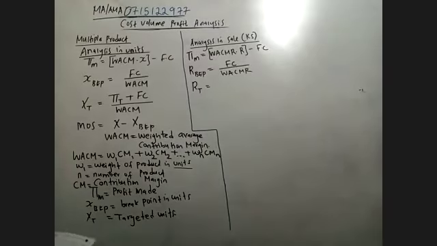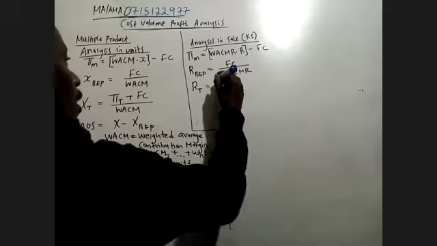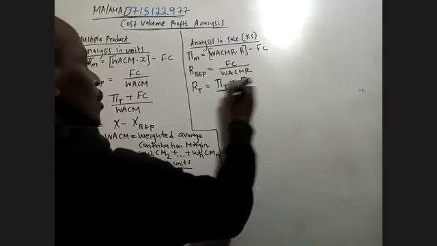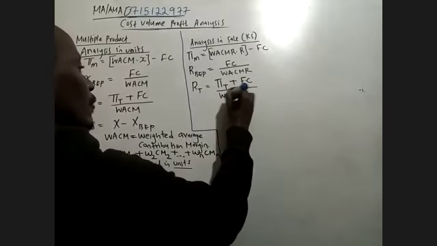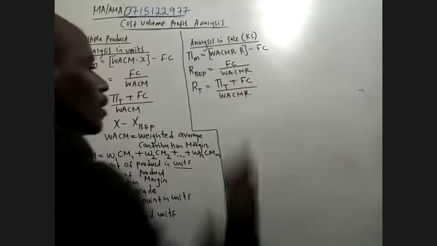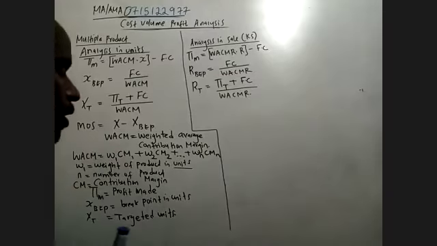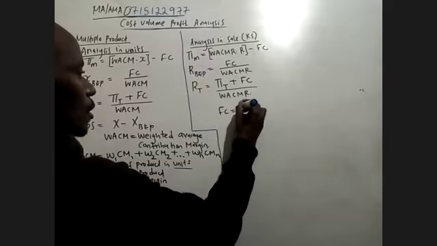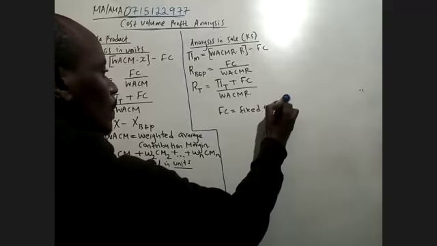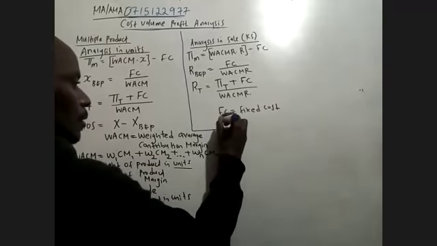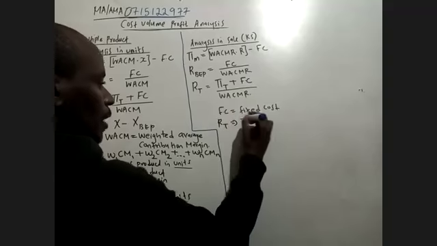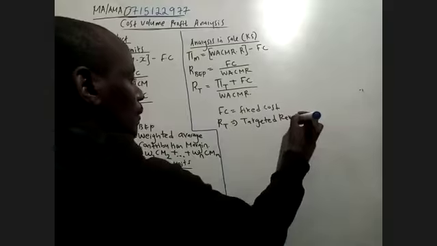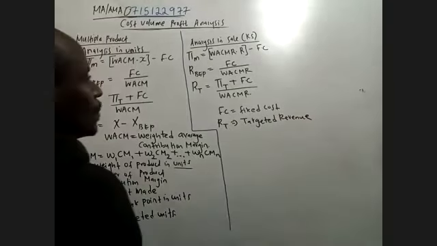Now, RT itakuwa targeted profit plus fixed cost over weighted average contribution margin ratio. And we know FC is fixed cost. RT is targeted revenue.